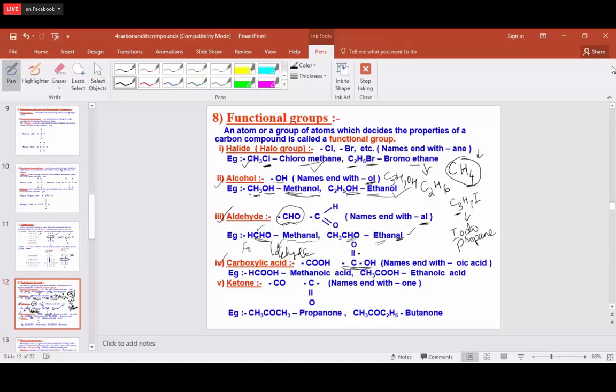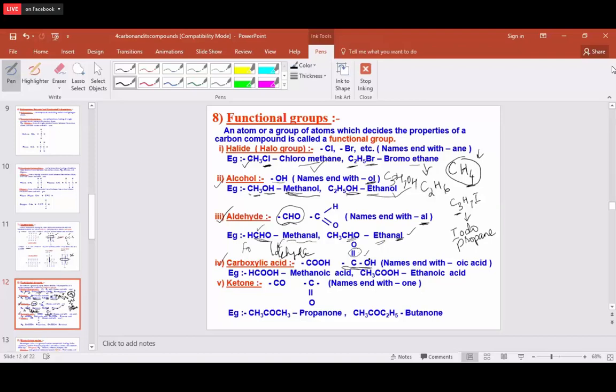C makes a double bond with one oxygen, a single bond with another oxygen, and that oxygen makes a single bond with the hydrogen atom. Oxygen can make two bonds, and carbon has four bonds. So two bonds with one oxygen and one bond with the other oxygen, which makes a single bond with carbon and a single bond with hydrogen.